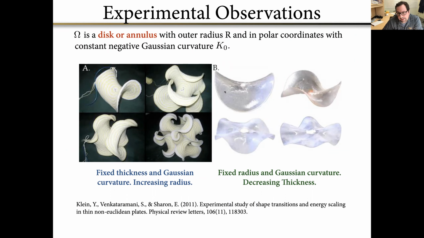The interesting thing is when I make it thinner, I get more and more of these kind of ripples. This is a little bit surprising in that when you get thinner and thinner, that means the stretching gets more and more dominant. So in that case, it's breaking the symmetry of the saddle shape to give you more complicated patterns. We also notice this in crocheted models of the hyperbolic plane.